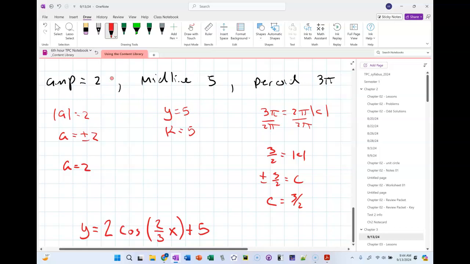In a way, this is easier because there's a lot more flexibility. There's actually 8 sets of correct answers. The 2 in front could be positive or negative. The function could be sine or cosine. The C could be negative or positive. It's like 8 choices that are all correct. That ain't bad.